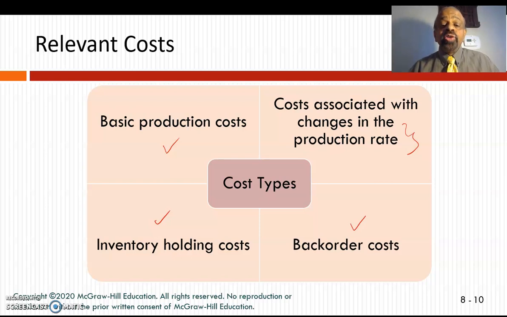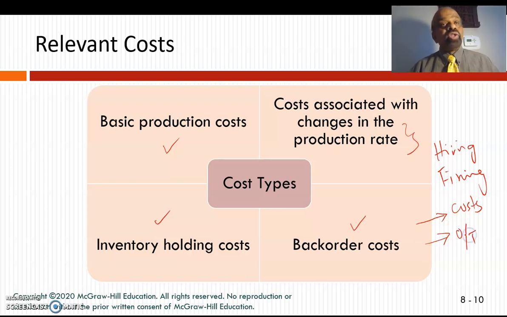The costs also are going to include hiring of people, firing of people, and so on. If I'm going to subcontract the job somewhere else, that is going to have subcontract costs. If I'm going to have overtime for my employees, I'm going to have OT costs too.